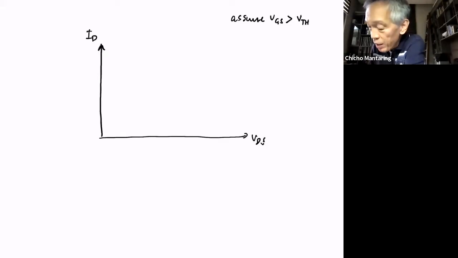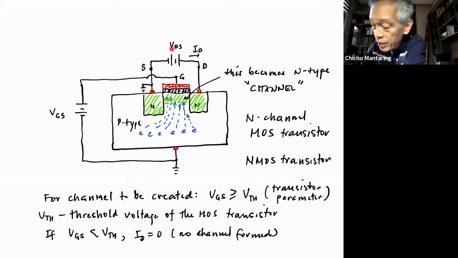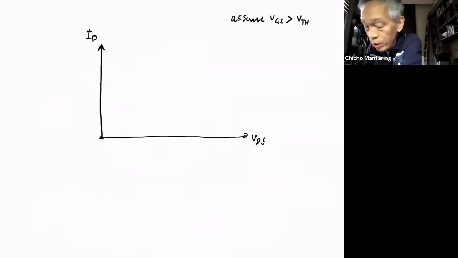So obviously, when VDS is equal to 0, obviously I sub D is going to be equal to 0. Now, what happens if I increase this voltage? I just mentioned as a response to the question, this acts like a resistor. It's not a short circuit. So if I increase this voltage, I expect the current to increase. Although it's not going to be a linear resistor.